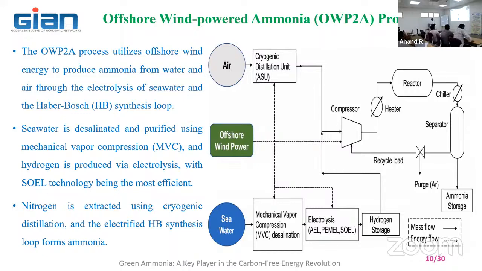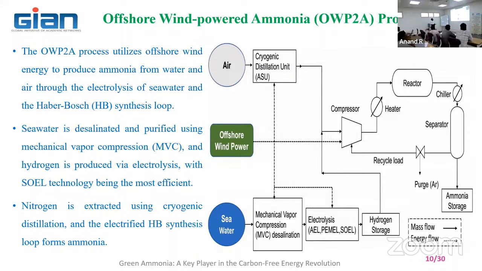Then you take hydrogen from the electrolyzer and combine it with the nitrogen from the cryogenic unit. The nitrogen and hydrogen are compressed in the compressor. For that you need a power input from the surrounding, which you can take as mechanical power directly from the wind energy conversion system. Now the pressure is increased.